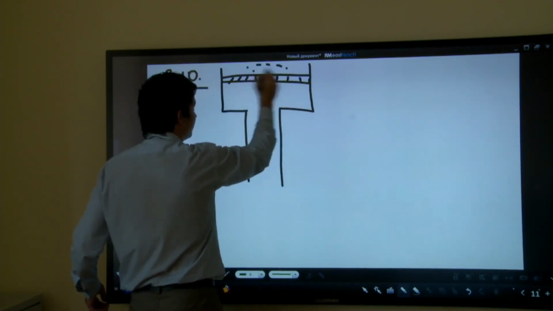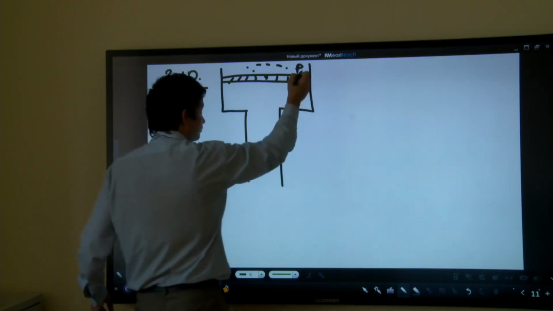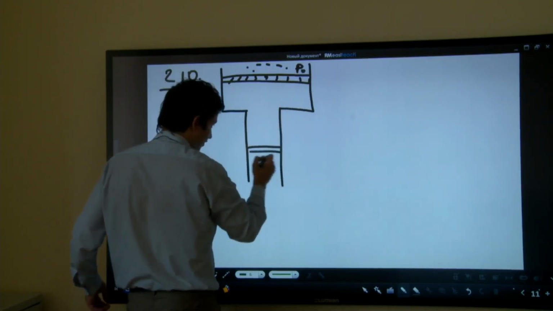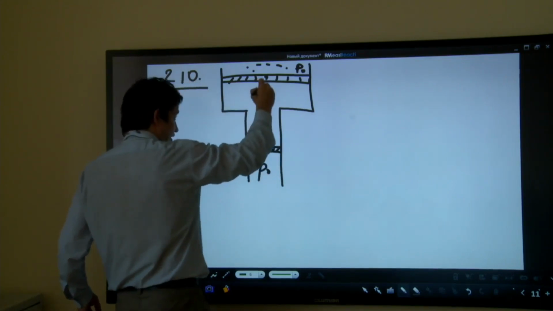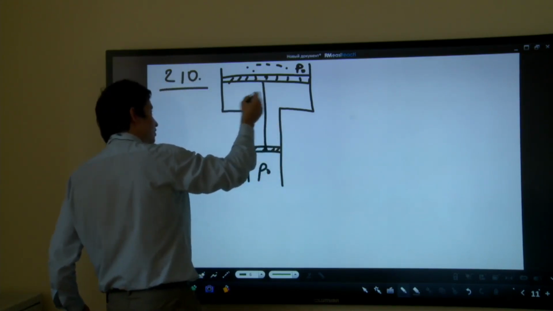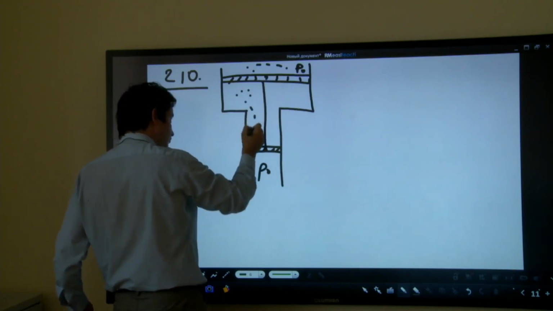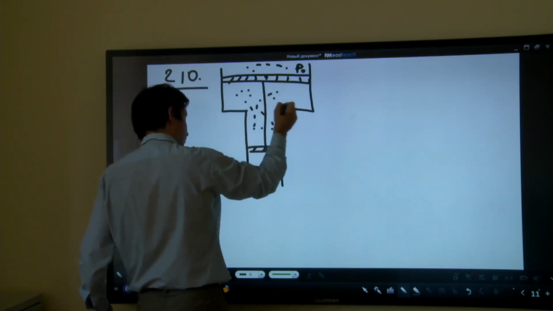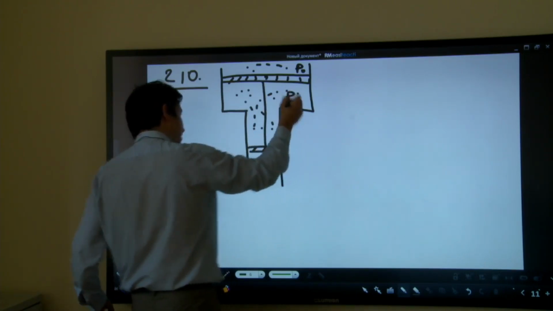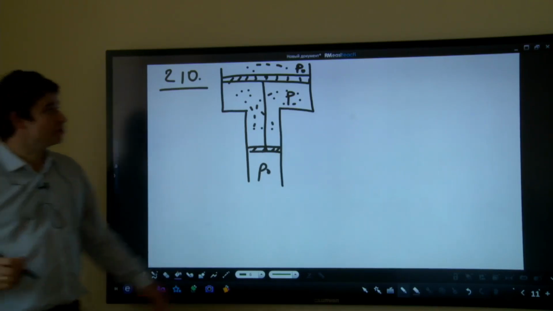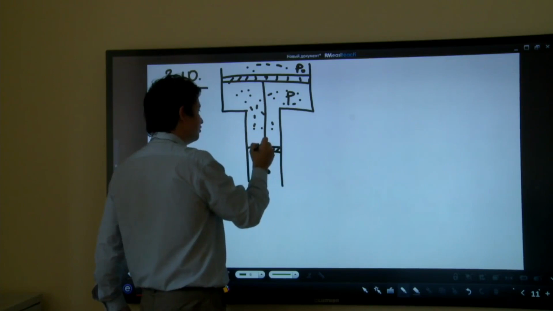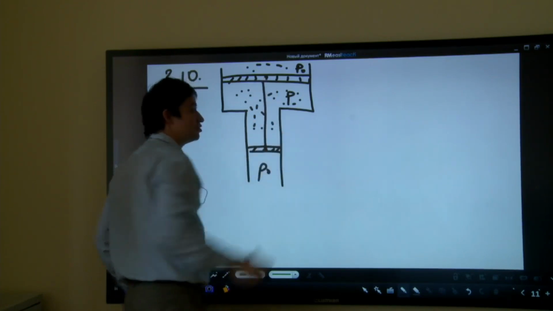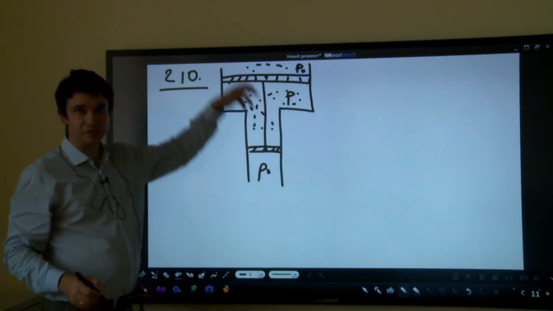We have air above. We have air below. And we have also some gas in between. And the pressure of this gas can be different from the air pressure. And also there is a thread which connects these 2 pistons to each other.